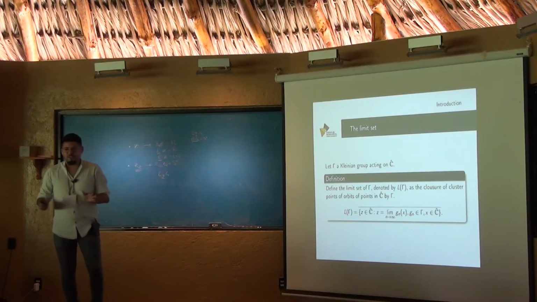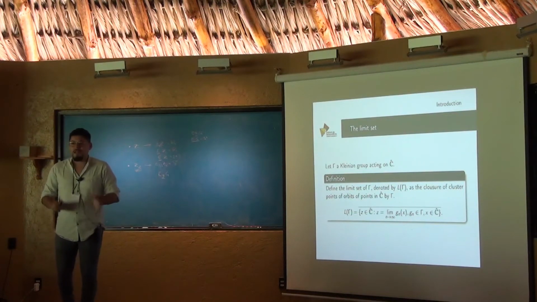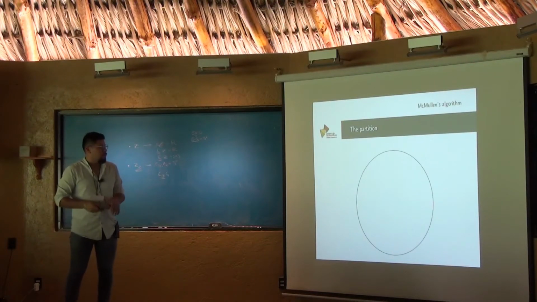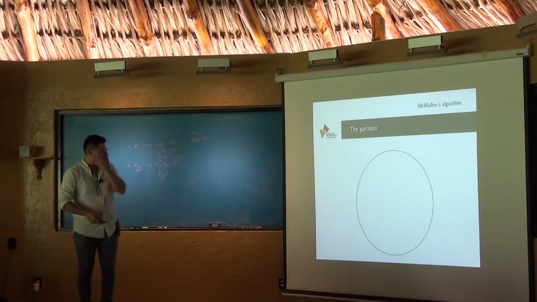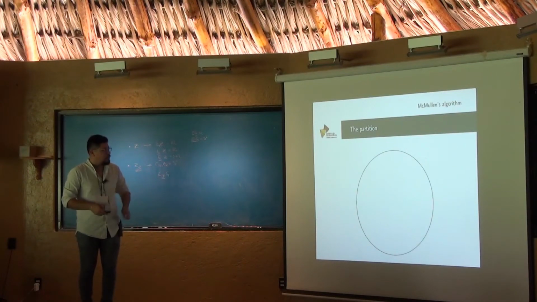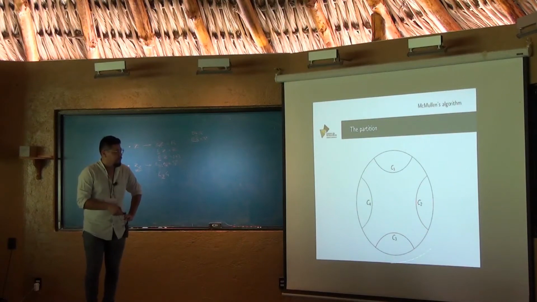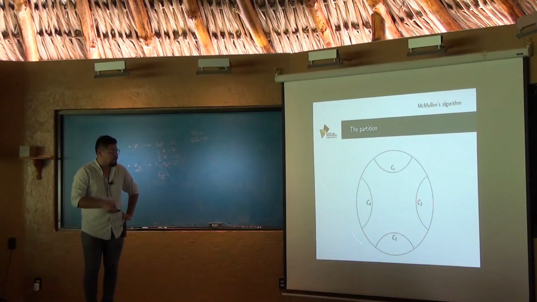So we have the ingredients to apply the McMullen algorithm. Where do we start? We have the unit circle, and we ask for an even number of circles orthogonal to this unit circle.